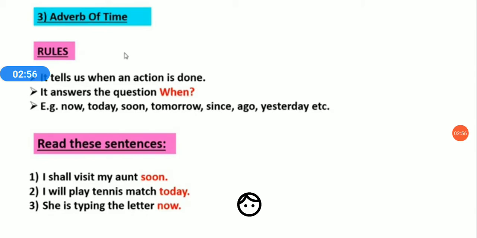When is she typing the letter? Now. So in all these sentences, soon, today, now are the words which tell us when an action is done or took place.